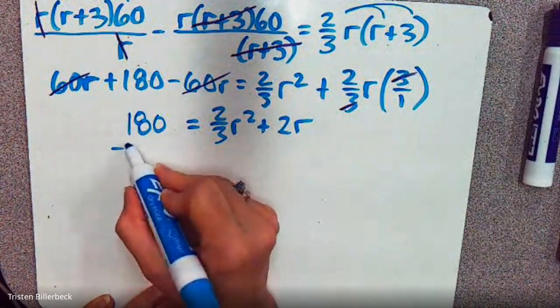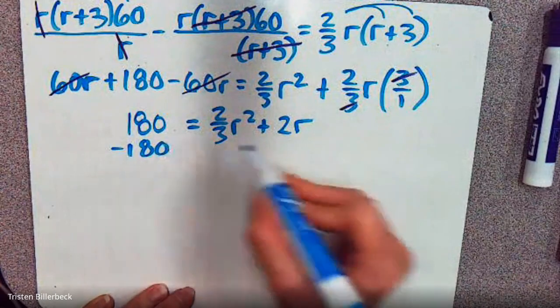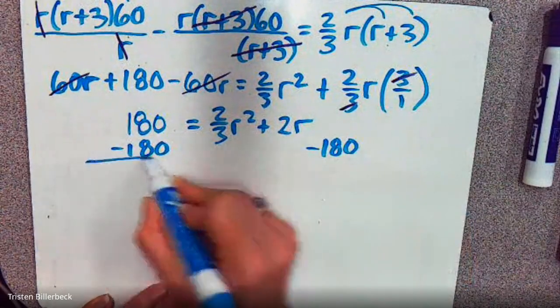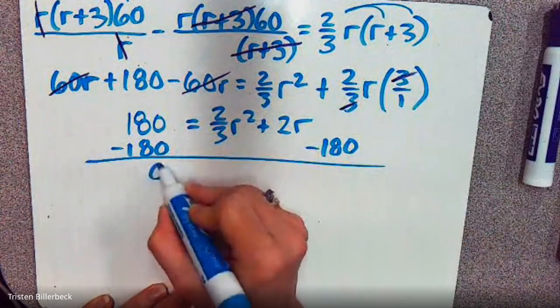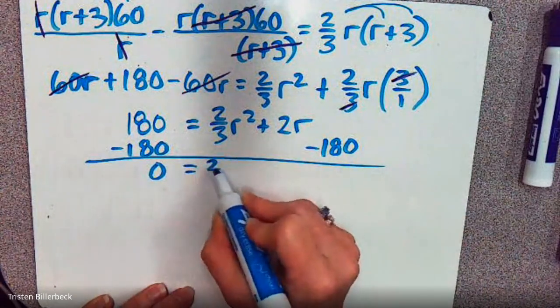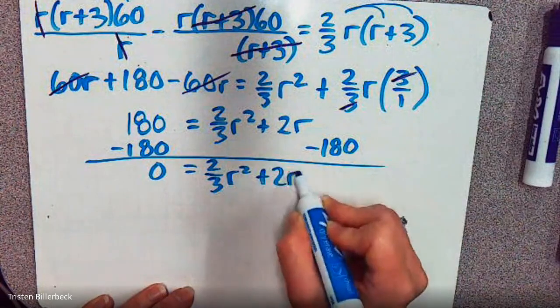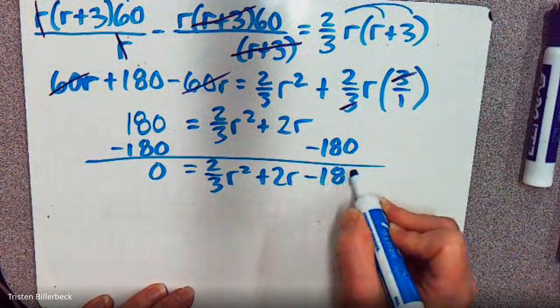Now we subtract the 180 from both sides using an additive inverse. And we have 0 equals 2/3 r squared plus 2r minus 180.